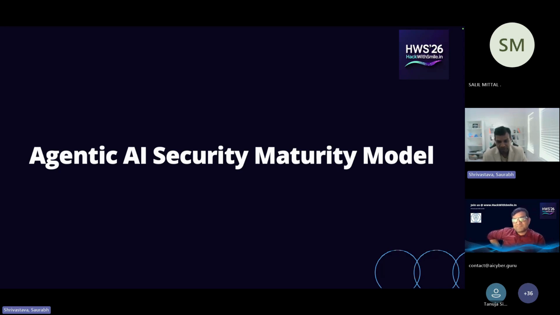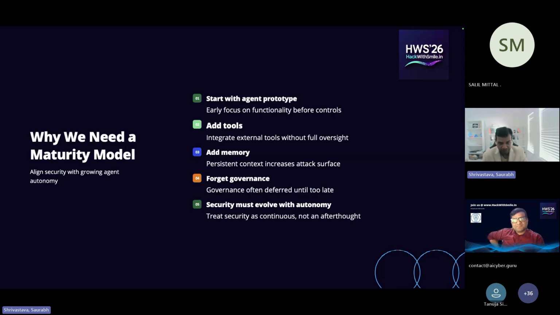You need fewer humans, and get better quality output, with less error. At the same time the security surface is increasing, and you need to get on top of that soon. So I will talk about a structured agentic AI security maturity model.